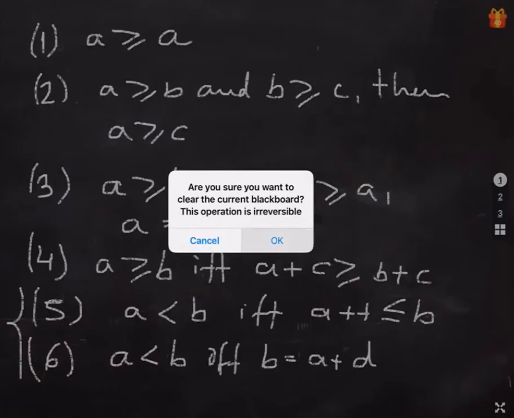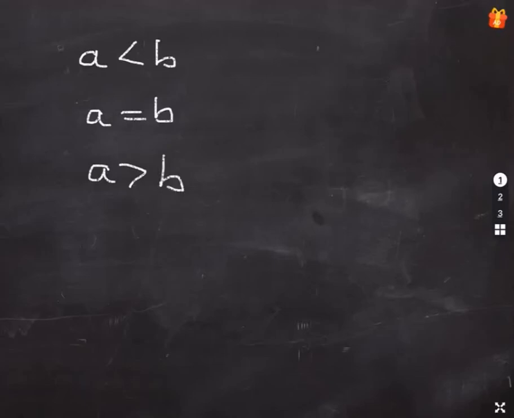So let's see the last proposition, the trichotomy of order. Consider any two natural numbers a and b. Then exactly one of the following statements is true: either b is strictly larger than a, or a and b are equal, or a is strictly larger than b.